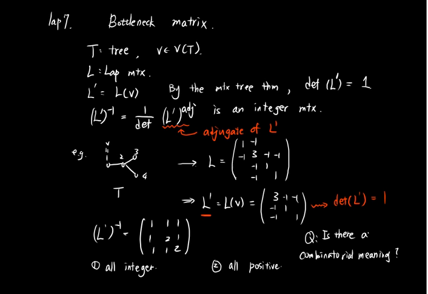Now we take care of all integer, and now we are also about to take care of positive. Why? Because for this matrix, all the off-diagonal entries are 0 or negative, right? And also it is irreducible because it is coming from a tree. If you look at this matrix, it is basically equal to the Laplacian matrix of the subtree.